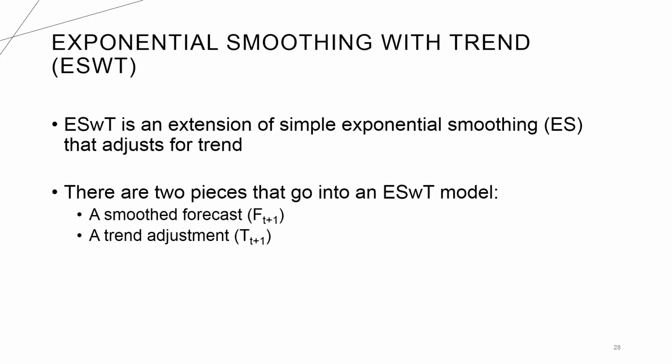What we're going to do in our exponential smoothing with trend is have our smoothing that we just did. The new forecast is we take the previous forecast and then adjust it based on the error. But then we're also going to add in a trend adjustment.